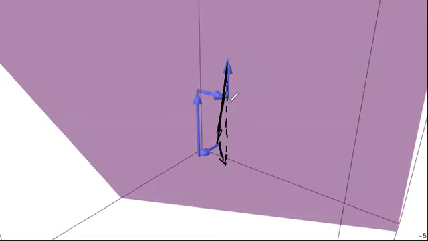And we can represent that as a dot product, because if we take the projection of this part of the line onto the vertical and that part of the line onto the vertical, we get that projection and that projection.